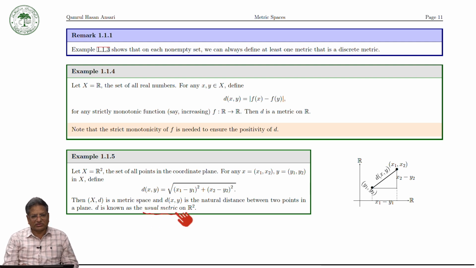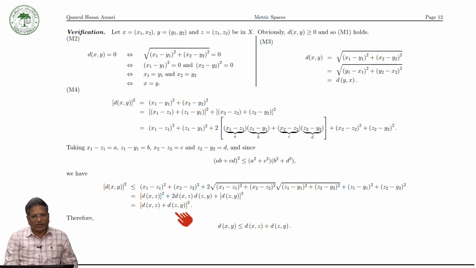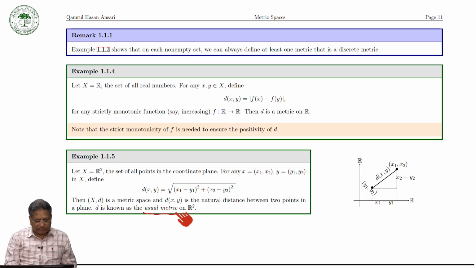And X with this d is a metric space, called the usual metric space because we are considering the usual distance. Now we can verify very easily that this function d(x,y) satisfies all four properties of a metric.